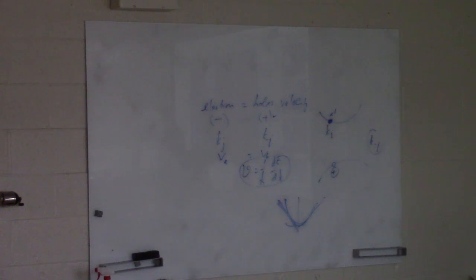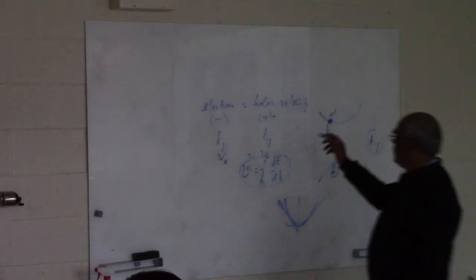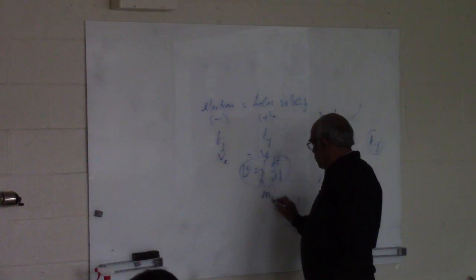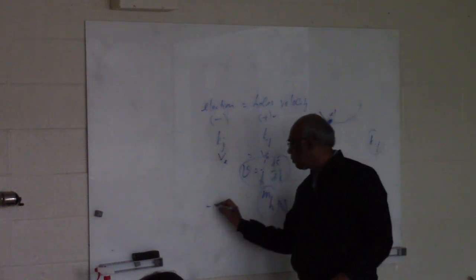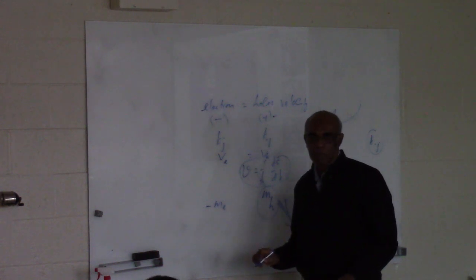So if you plug in your mass from here, you get m h equals minus m. That's another important difference: holes now have mass m h that is opposite of your electron mass.